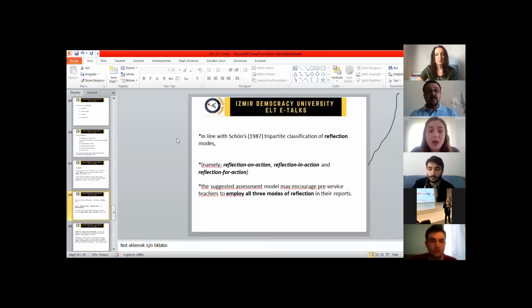In line with Schön's three-part classification of reflection modes, reflection in action, reflection on action, and reflection for action, the model I have suggested encourages pre-service teachers to employ all three modes of reflection in their self-assessment reports.